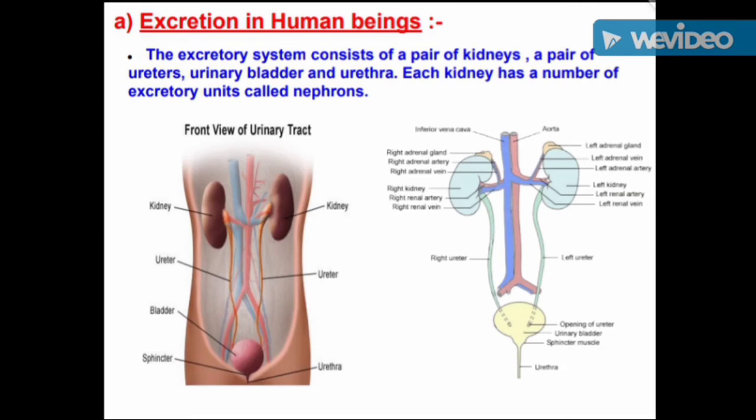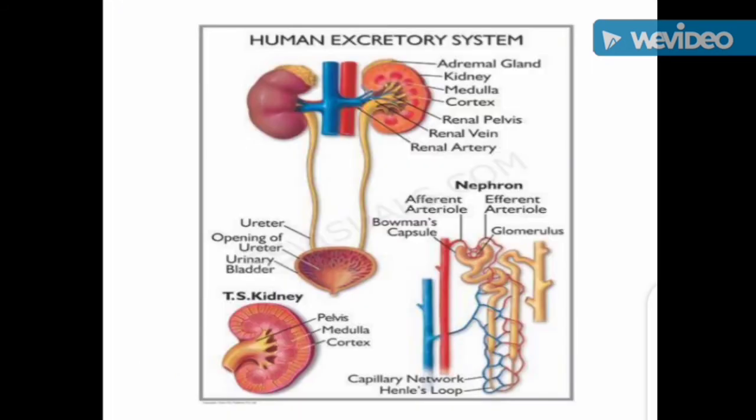Excretion in human beings: the excretory system consists of a pair of kidneys, as you can see in the figure, a pair of ureters, urinary bladder, and urethra. Each kidney has a number of excretory units called nephrons.